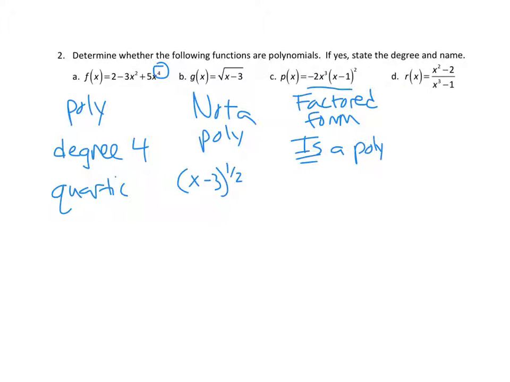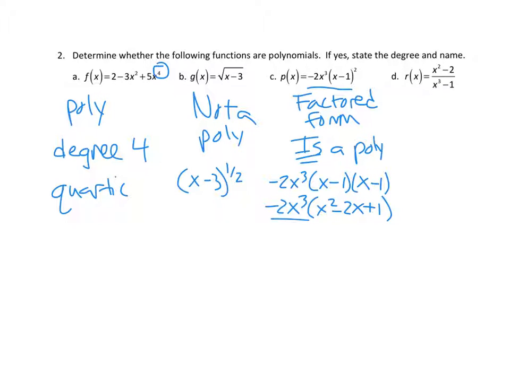And we could change factored form to expanded form by using the distributive property. So if I multiply this out, we could multiply that x minus 1 twice, because when it's squared, we write the binomial twice and multiply it out. So I'm going to distribute those x minus 1's, and we get x squared minus 2x plus 1.